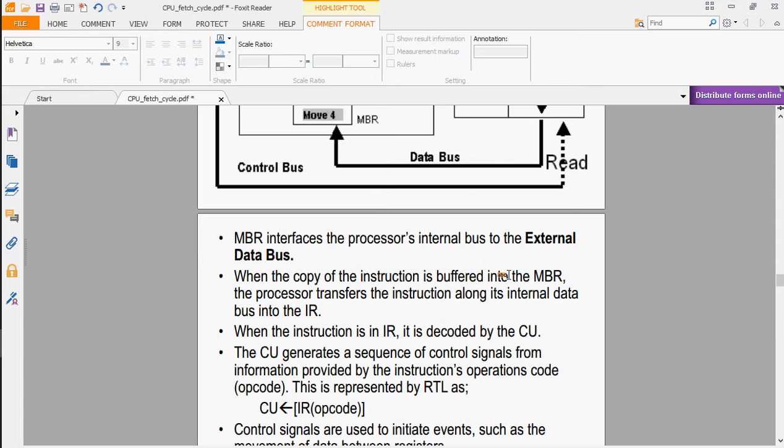Now the memory buffer register interfaces the processor's internal bus to the external data bus. When the copy of the instruction is buffered into the memory buffer register, the processor transfers the instruction along its internal bus to the IR, the instruction register.